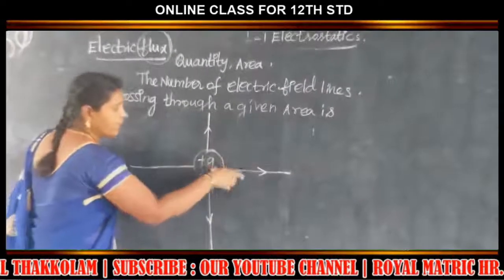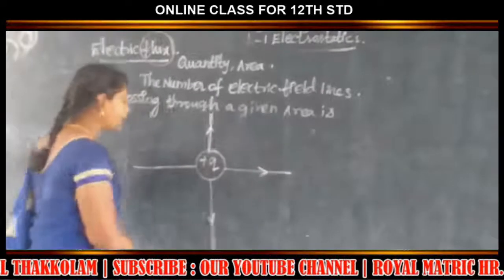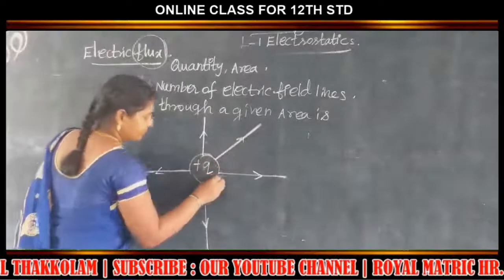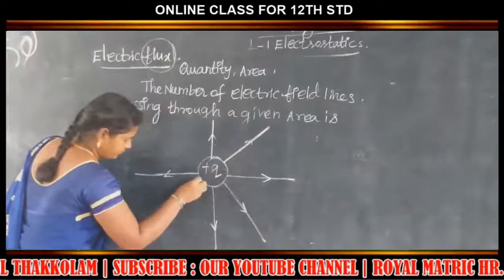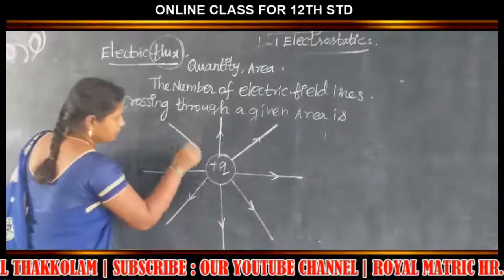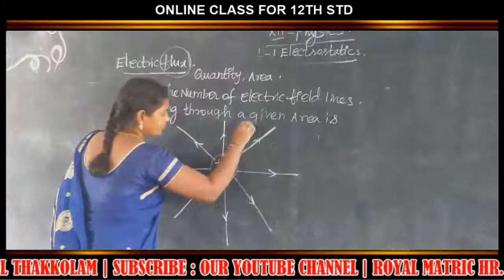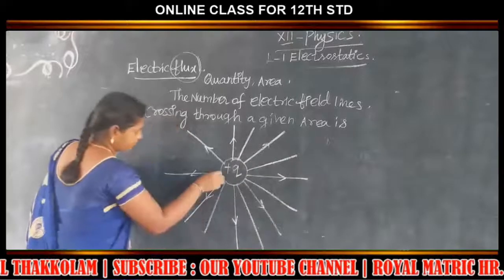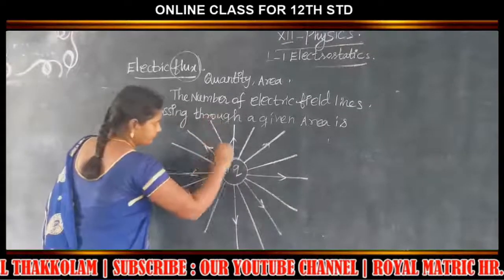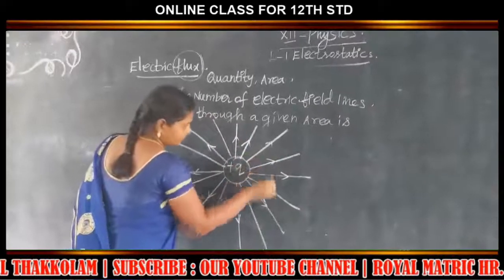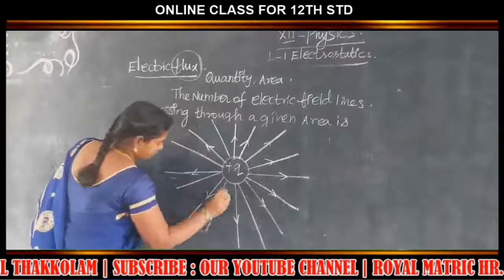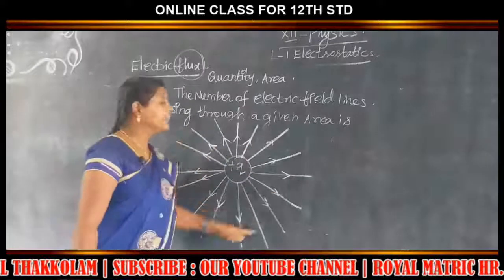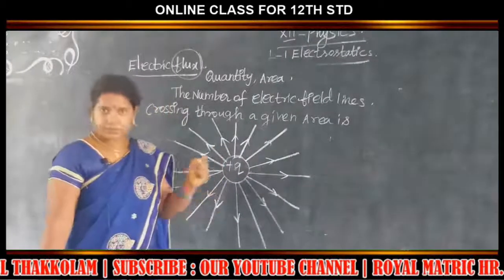Suppose this is a negative charge, the field lines act radially inward. Listen, this is the electric field lines of a positive charge, plus charge.